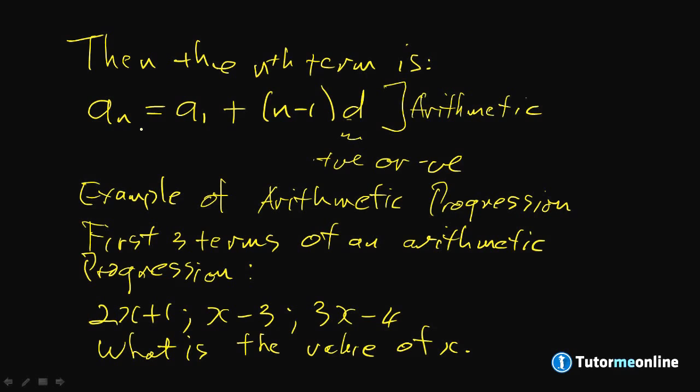Let us start with the basic formula of an arithmetic progression given by this equation here, and thus we can say that a1 is given by 2x plus 1, and the difference d can easily be calculated by the difference between the second term and the first term.